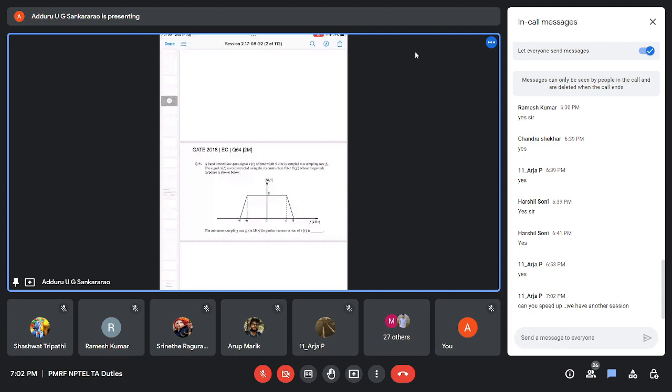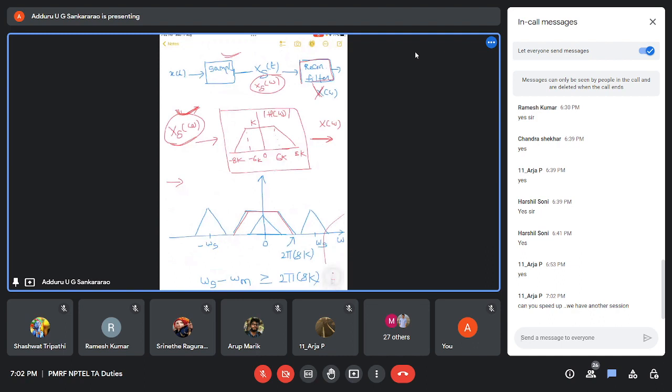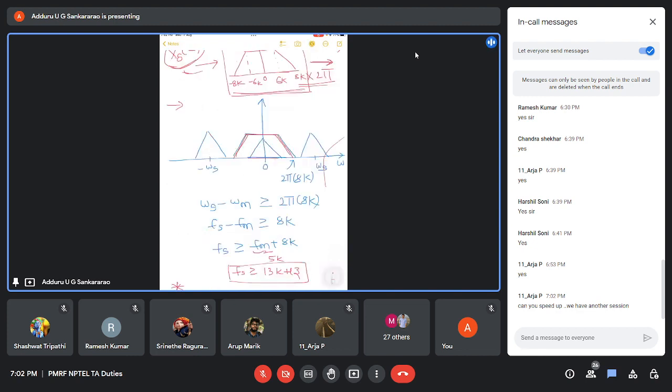You can see here, x of omega is passing through this filter. We have to multiply with 2 pi because it is given in the frequency domain. The signal should be within the filter, so x of omega should be within this filter.